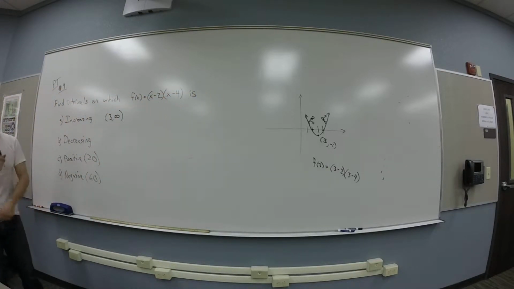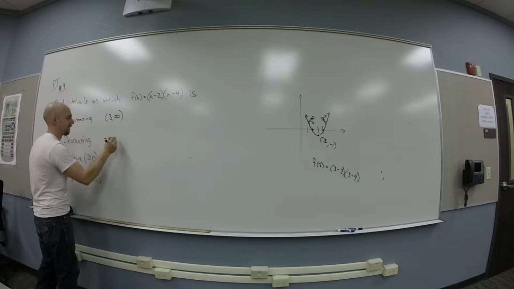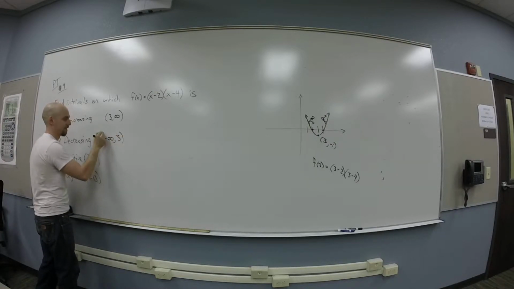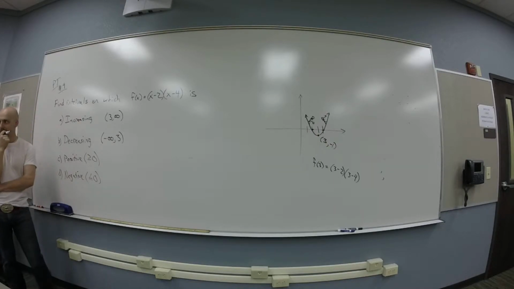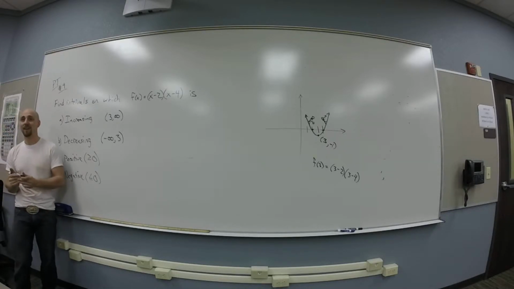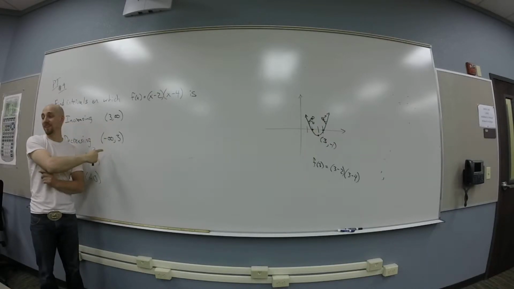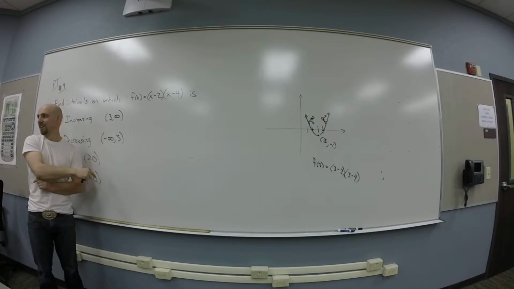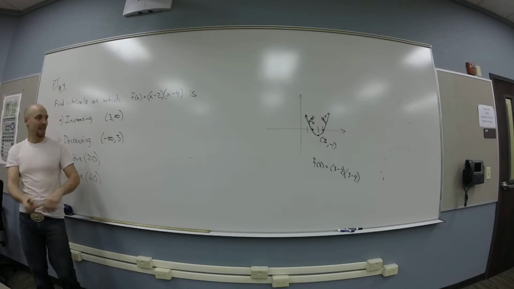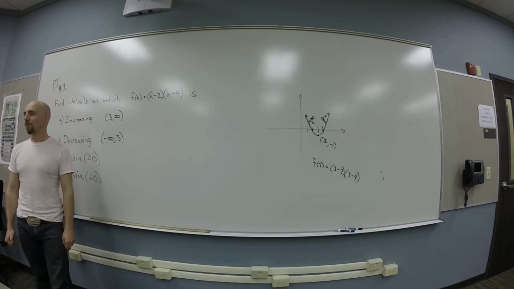How about decreasing? Where's this thing decreasing? One easy way to do this is if it's not increasing, it's probably decreasing, because the only other option is it's flat, and that picture is not flat anywhere except maybe at 3, just that one instant.